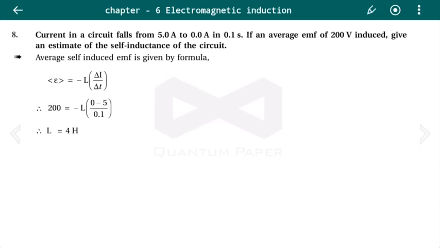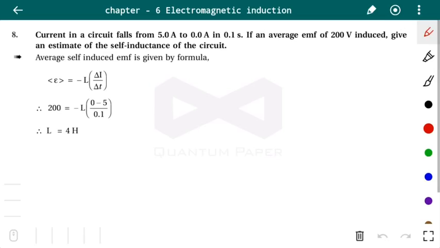Numerical number 8. Current in a circuit falls from 5 ampere to 0.0 ampere in 0.1 second. So here there is a change in the current, that is from 5 ampere to 0.0 ampere.